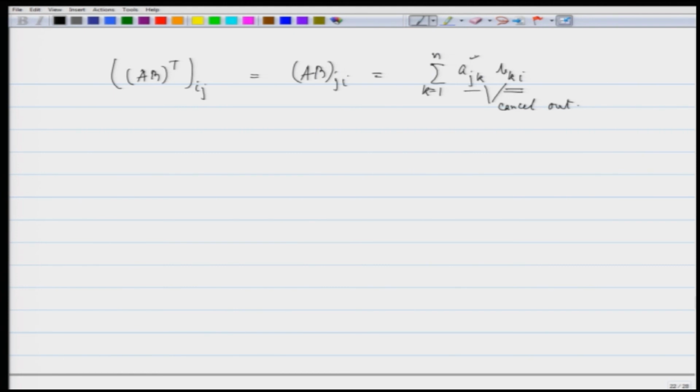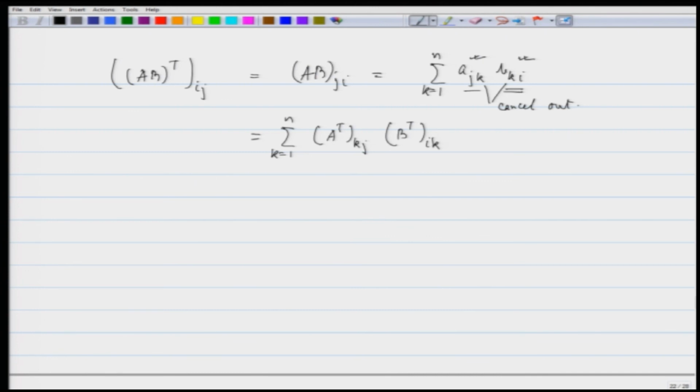But what are A jk and B ki? I can write this as the summation over k equal to 1 to n. A jk is nothing but, if I look at A transpose, the kj entry, and for B ki, look at B transpose, it is the ik entry of that.